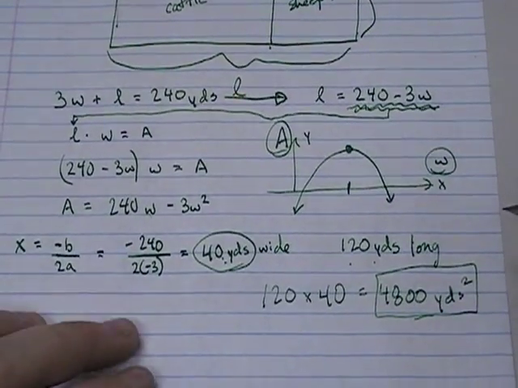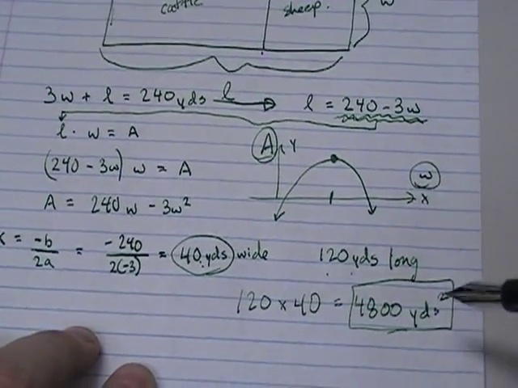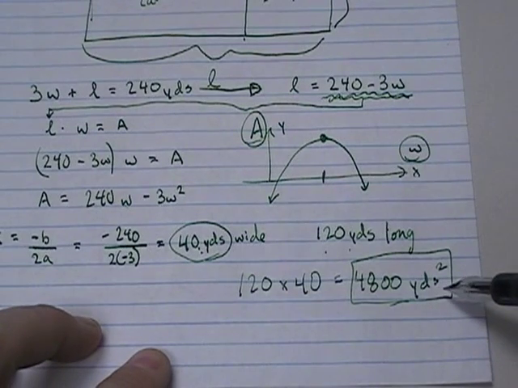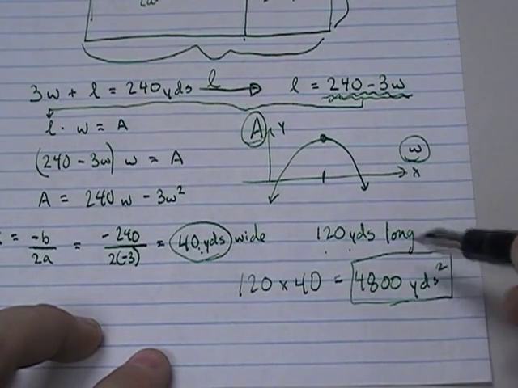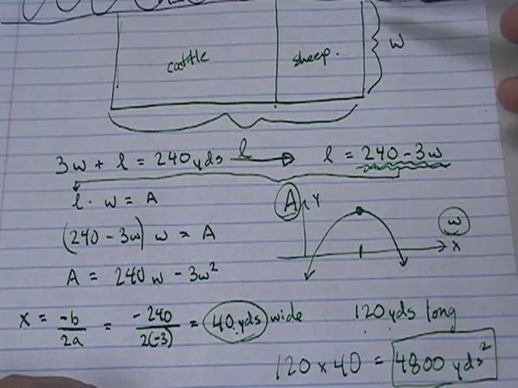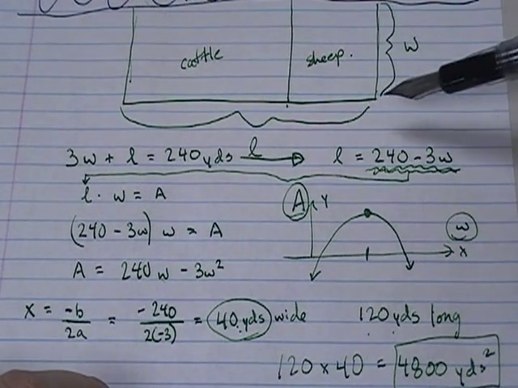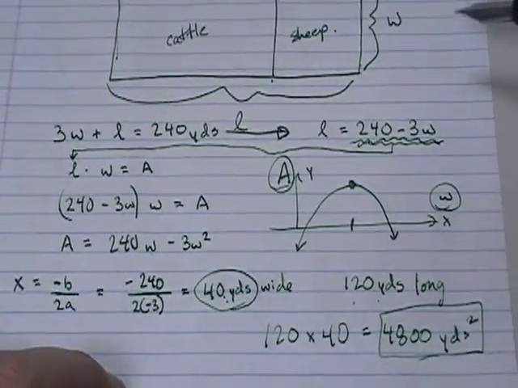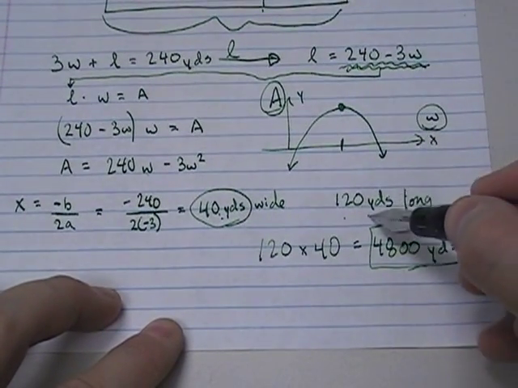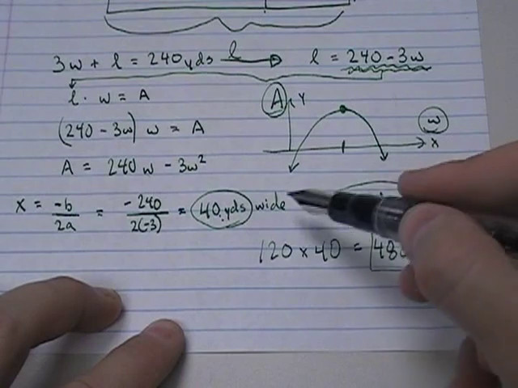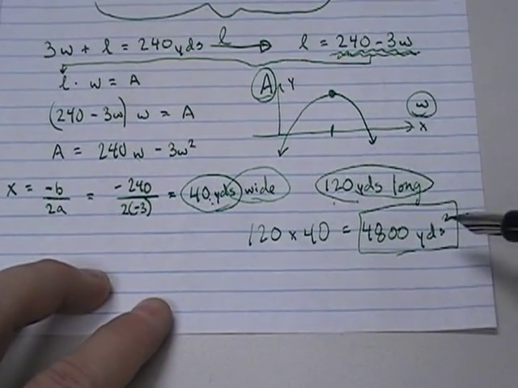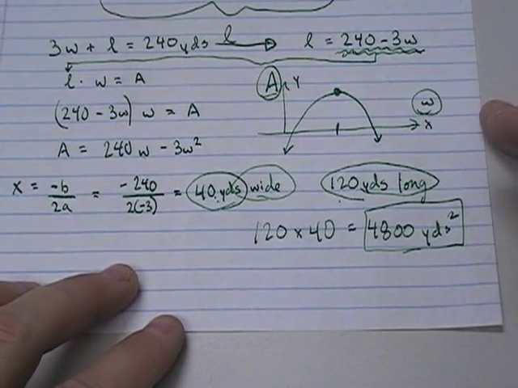So the maximum area that we can enclose is 4,800 square yards with a width from the river of 40 yards and a length of 120 yards. Now we can tell our farmer how long to make his fence, how wide to make his fence, and the total area he can enclose.